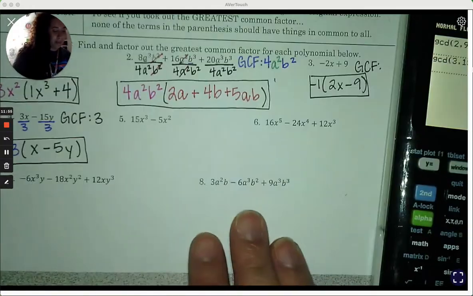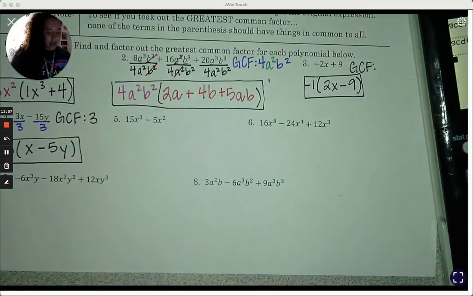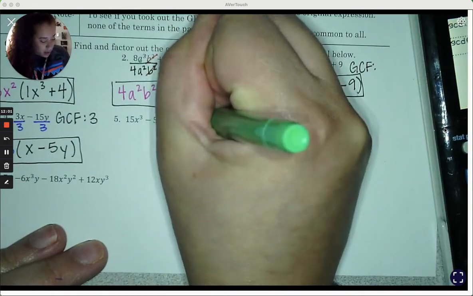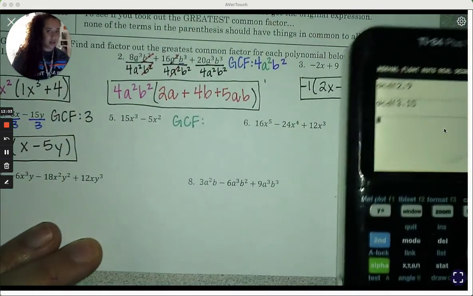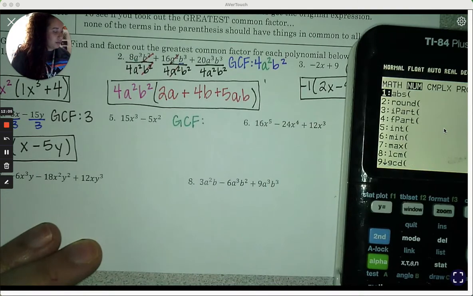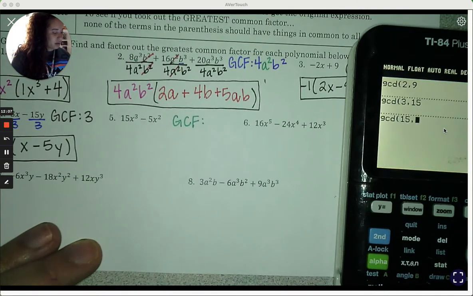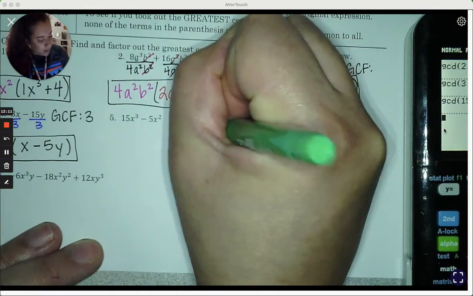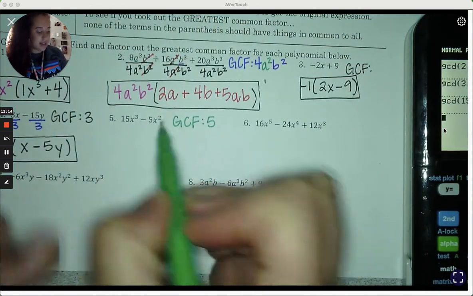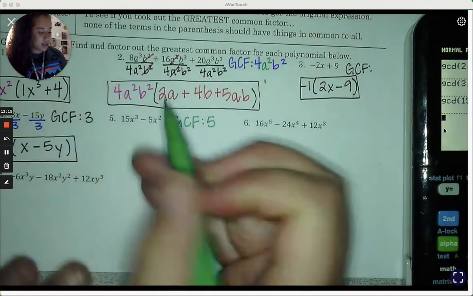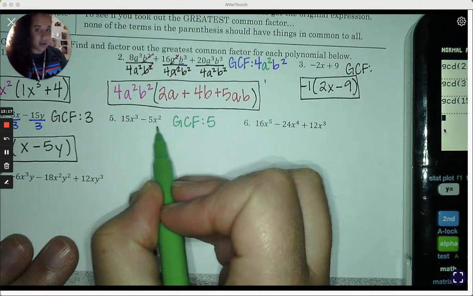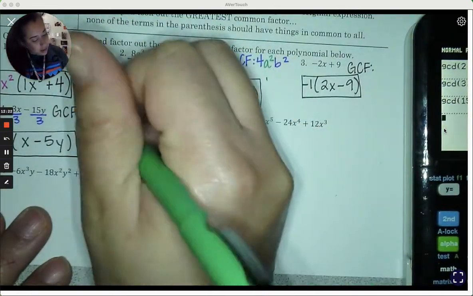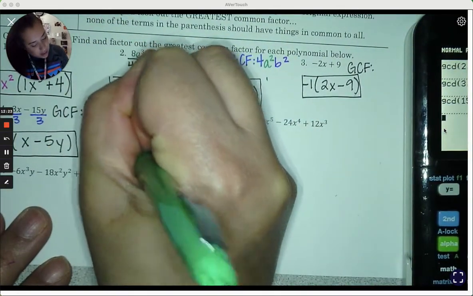Okay. Looking at number 5, greatest common factor. So it is 5. Now we're going to look at the x's. All right, so this is an x cubed. This was an x squared. We're going to go with the smallest, x squared. So we'll put that on the outside, 5x squared.